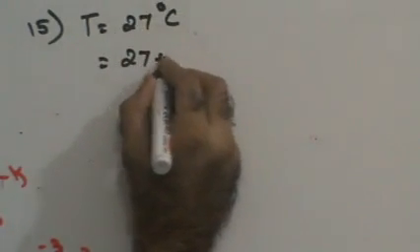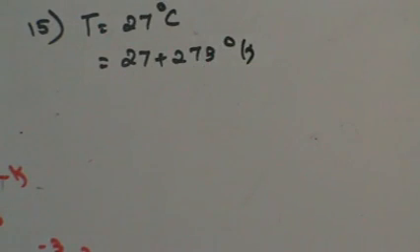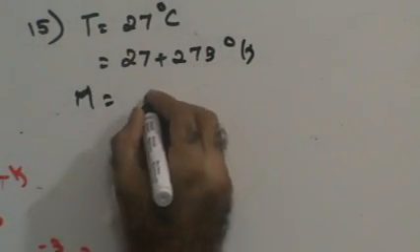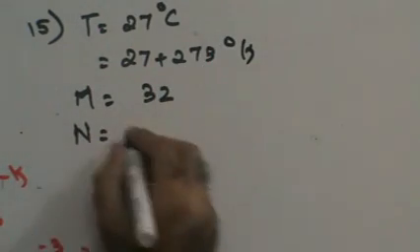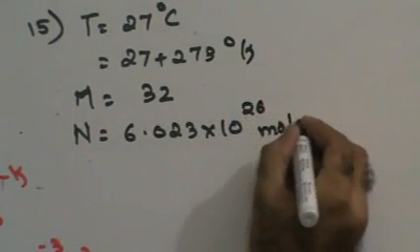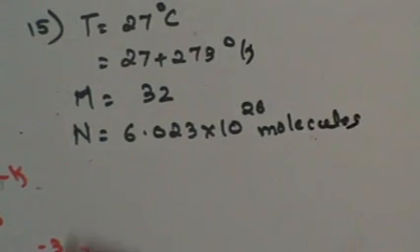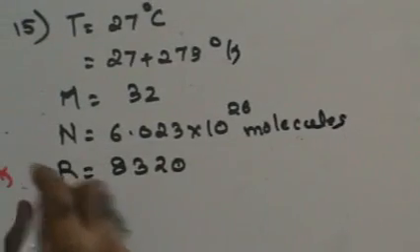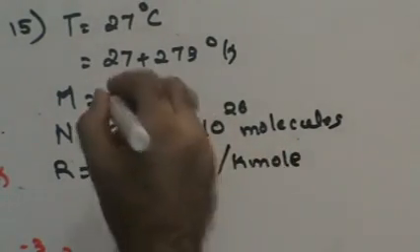Calculate the kinetic energy of 1 kilomole, 1 kg, 1 molecule, of 10 grams at 27 degrees Celsius, if the molecular weight is 32, Avogadro's number is 6.023 into 10 raised to 26 molecules, and R is 8320 joules per kg mole Kelvin.